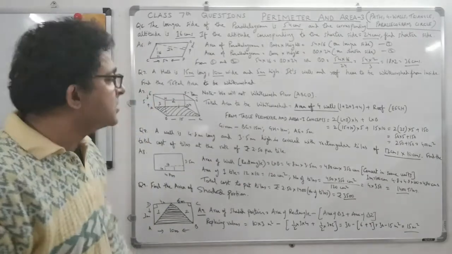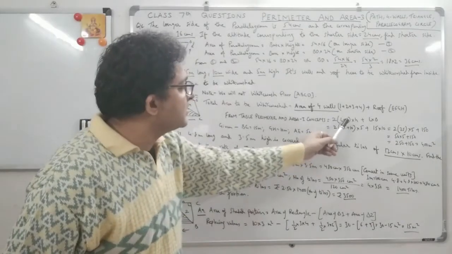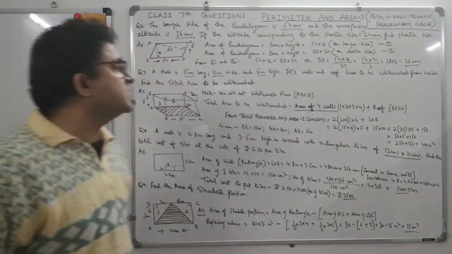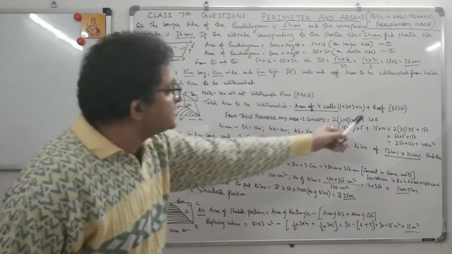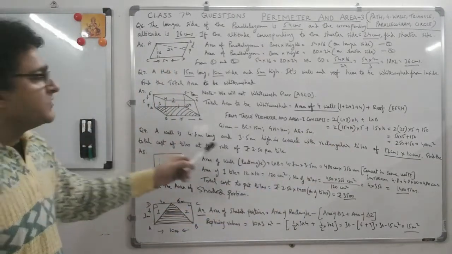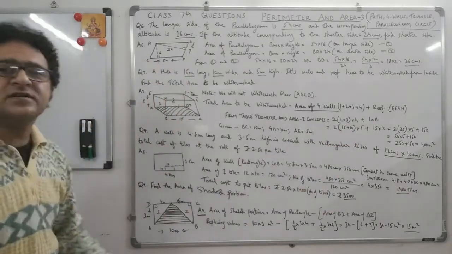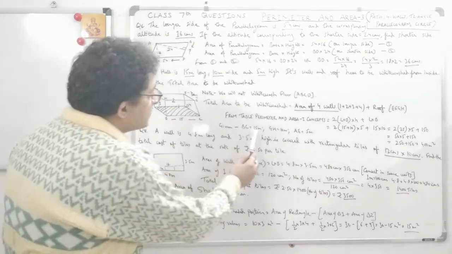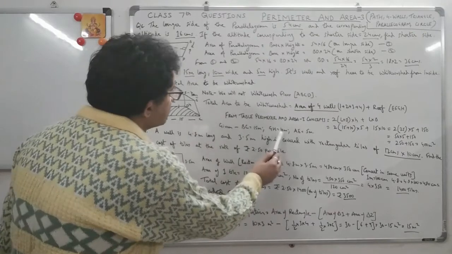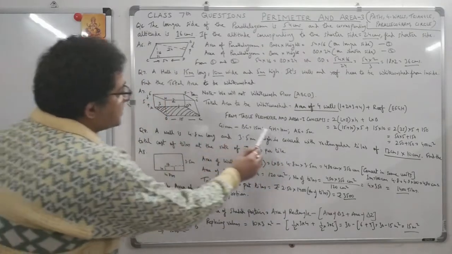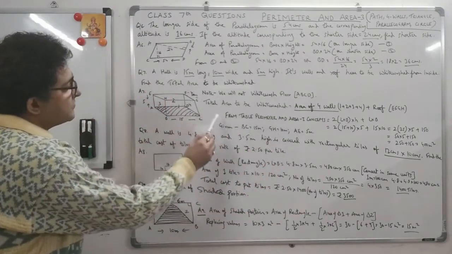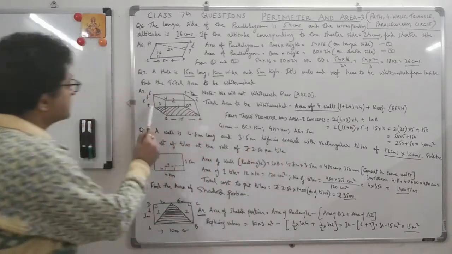Twice length plus breadth, in brackets, into height. This is the area of 4 walls. Plus roof is again a rectangle, which is length into breadth. So you just have to now replace the values. We know length BC is 15, GH is 10, which is width. AE is 5 meters.